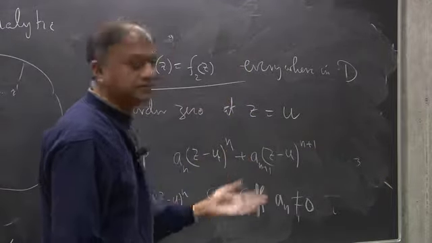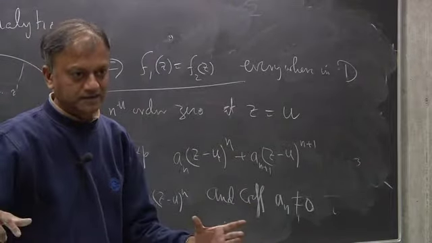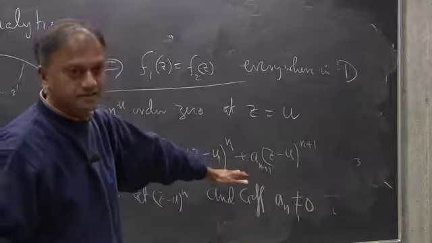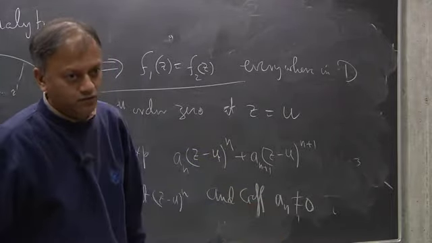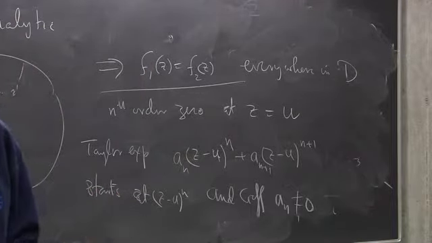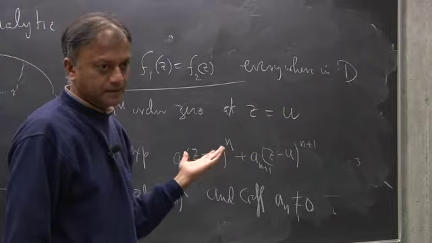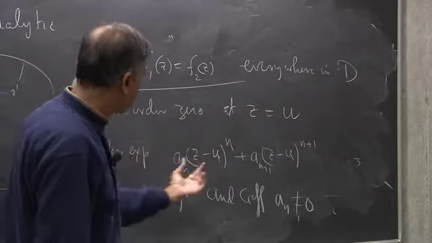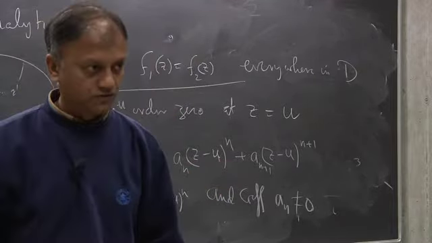If everything is 0, it's a trivial function. It's just 0 in the entire domain of analyticity where this Taylor expansion works. It will be 0 identically, so you have to prove nothing. But we'll assume something non-trivial, not identically 0. In that case, n will be some finite number, so whatever the n is, that coefficient is not equal to 0.